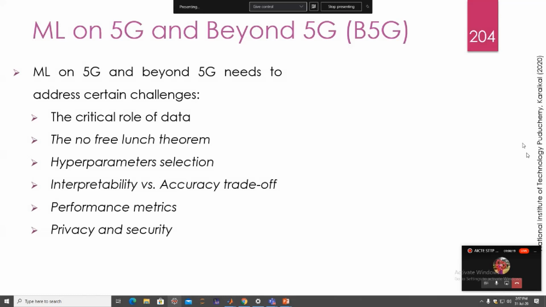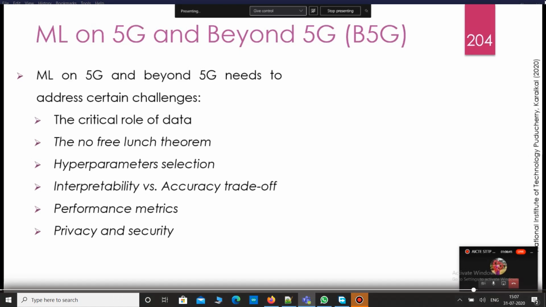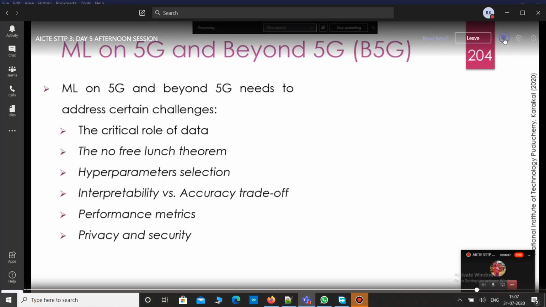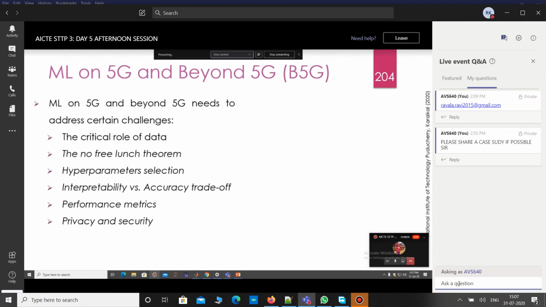Now, these are some of the applications for wireless as well as mobile communications. Now we'll see how machine learning can be used in 5G and beyond 5G. There are certain challenges. Whenever we are using machine learning techniques, it is not always giving the best result and best performance. There are certain challenges to machine learning techniques and how to overcome these challenges is another area of research in machine learning for mobile communication.